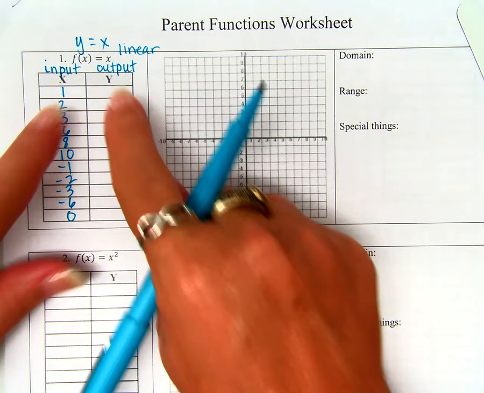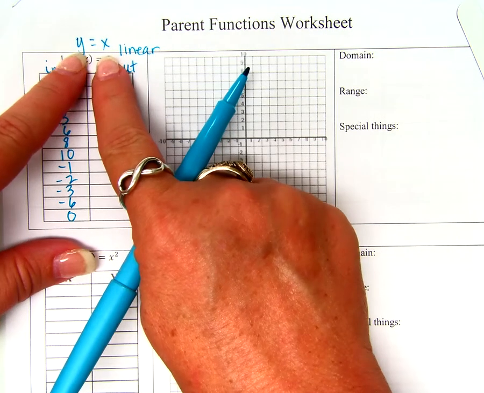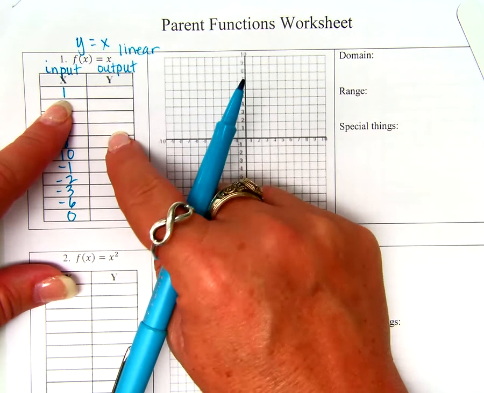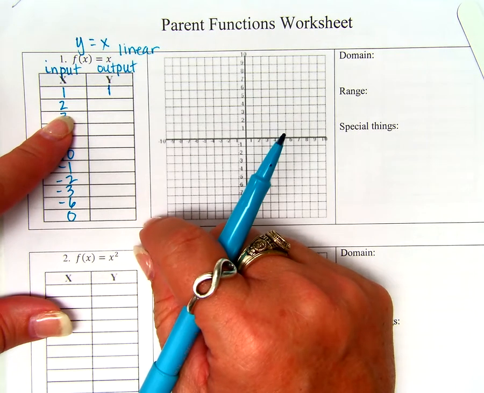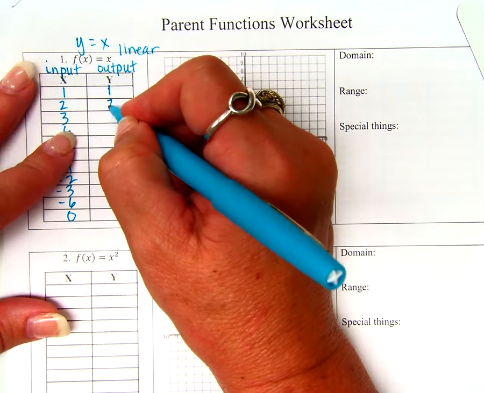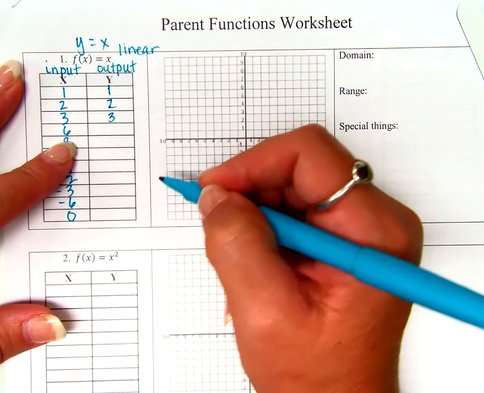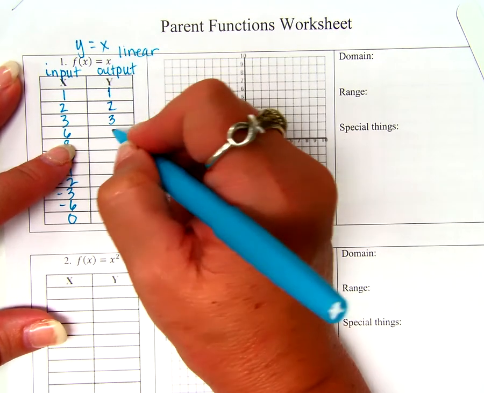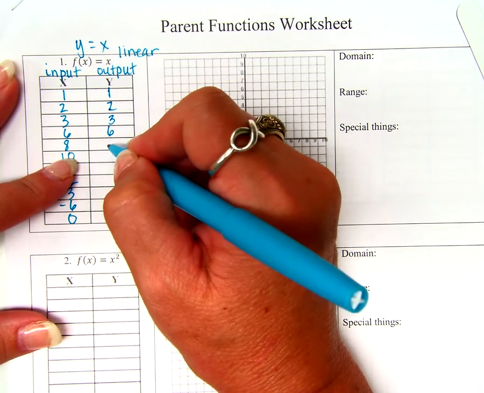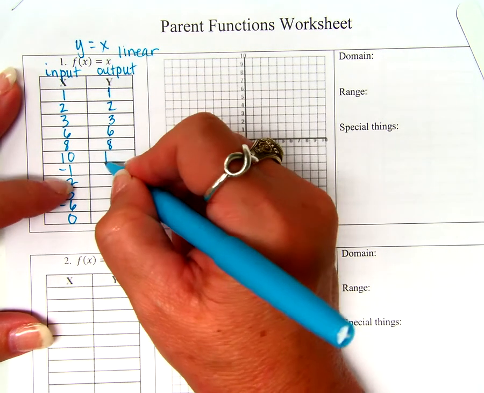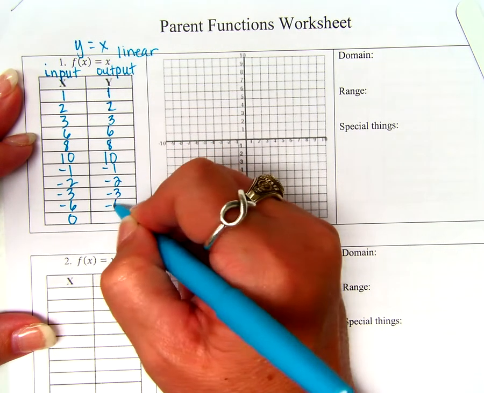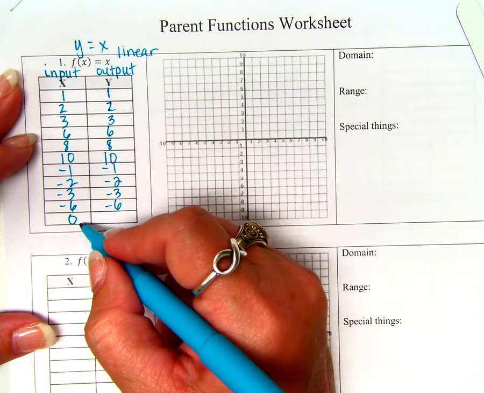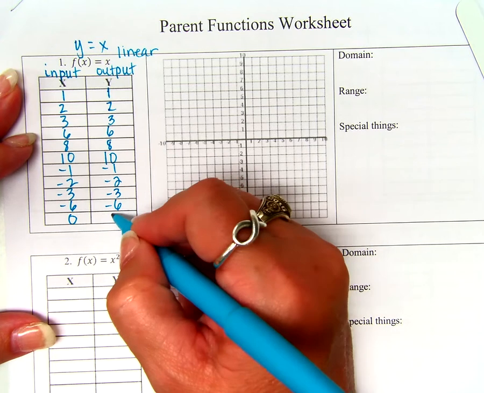Okay? So, if my equation is really y equals x, and I know x is 1, what's y? 1. If I know x is 2, what's y? 2. X is 3. X is 6. 6. 8. 8. 10. Good. What about 0? 0. Okay.